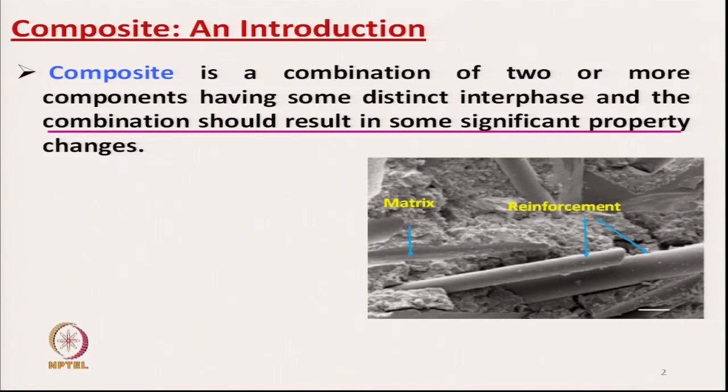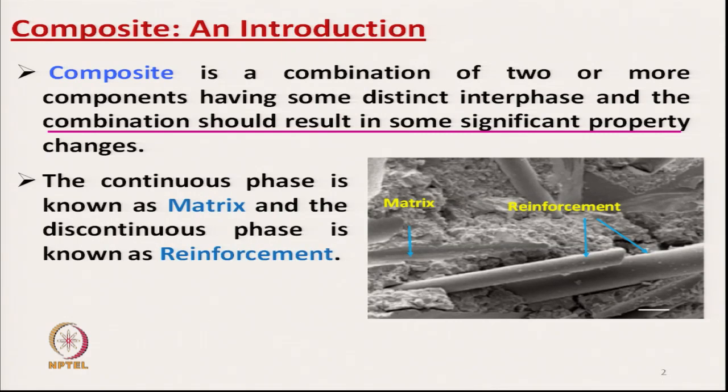This picture shows the inner structure of a composite material, where this is showing the matrix, which is the continuous phase, and the other part is the reinforcement, the reinforcing fibers, which is termed the discontinuous phase.